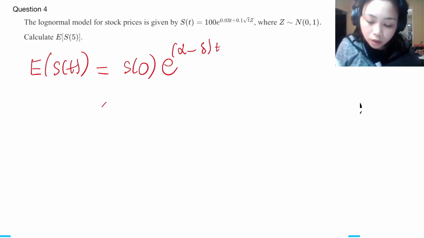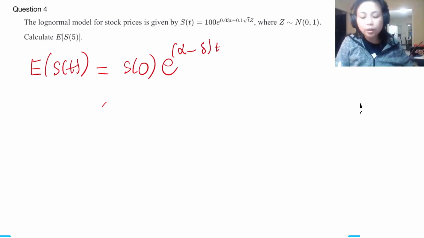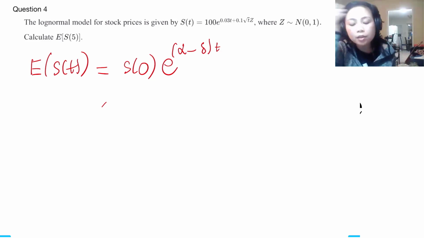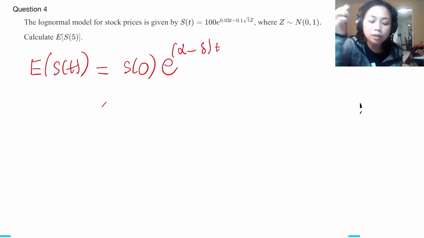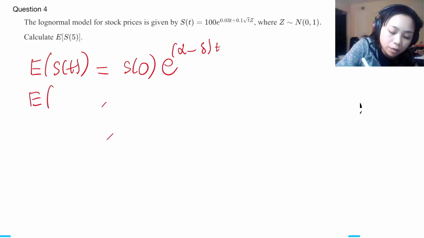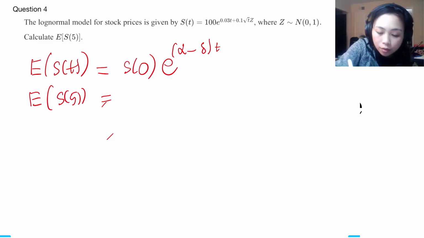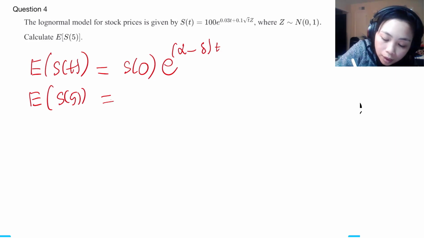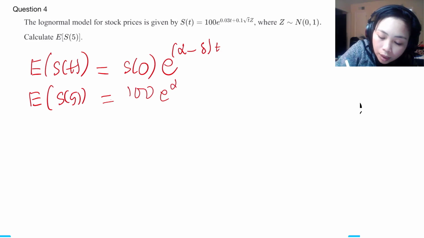But we don't know alpha and delta, but we know that from this equation, if we synchronize it to the equation S of t is equal to S of 0 e to the alpha minus delta minus sigma square half times t plus sigma square root of t z.